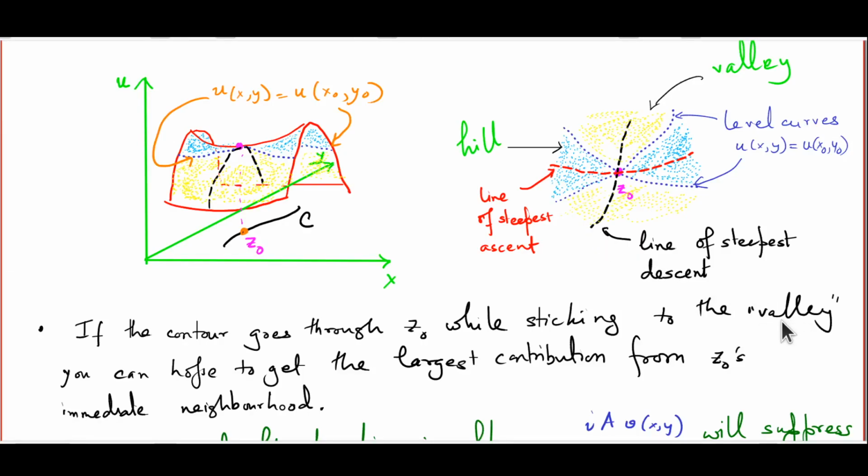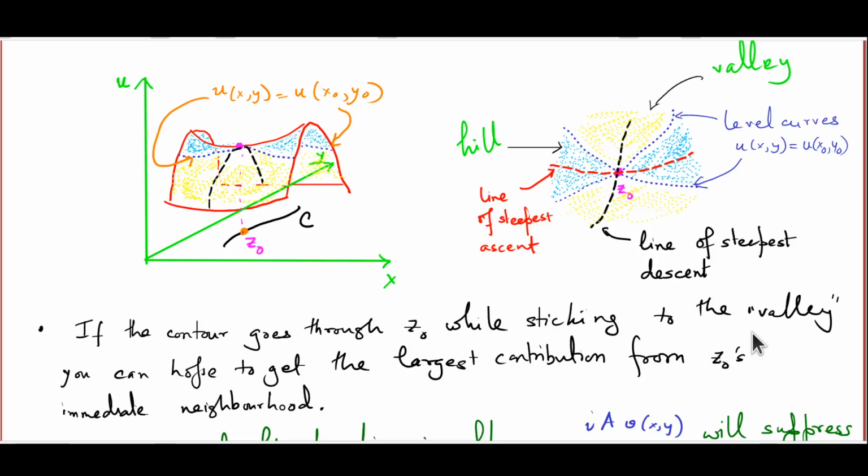Now let us make a quick point here. If our contour goes through z0, the saddle point, while sticking to the valley throughout, it means that our function u(x,y) reaches a maximum value when it hits z0.